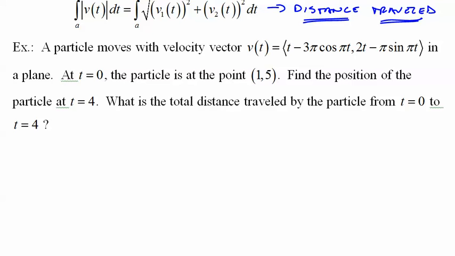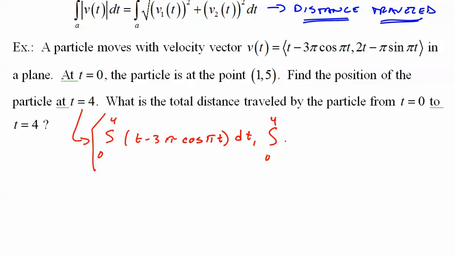Again, I'm out of time here, so displacement would just be the integral from 0 to 4 of t minus 3 pi, and actually, I should put this up here because this is the x value, cosine of pi t dt, comma, integral from 0 to 4 of 2t minus pi sine of pi t dt.